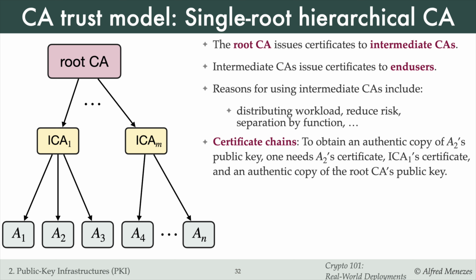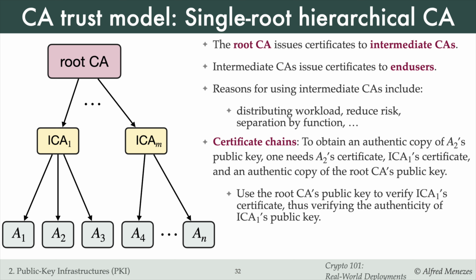To obtain an authentic copy of an end user's public key, for example, A2's public key, one needs A2 certificate, the certificate of its issuing intermediate CA ICA1, and an authentic copy of the root CA's public key. One then uses the root CA's public key to verify ICA1 certificate, thus verifying the authenticity of ICA1's public key.